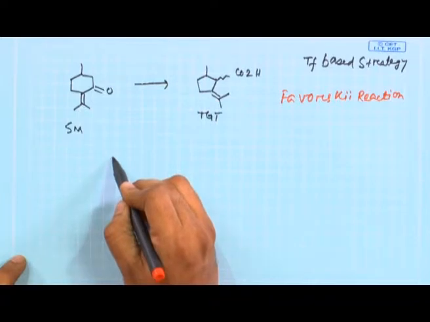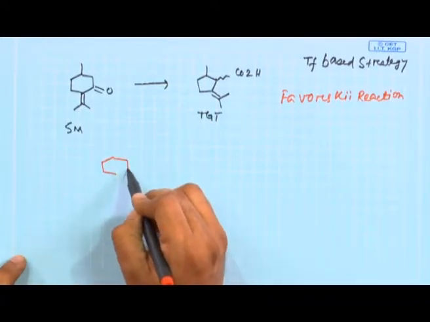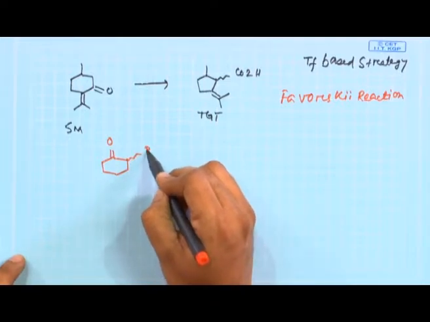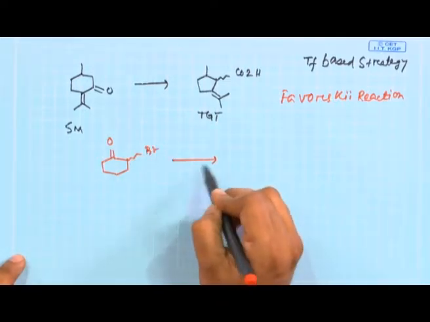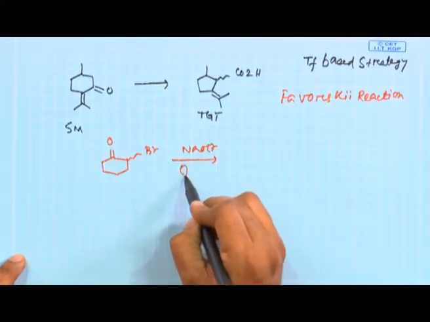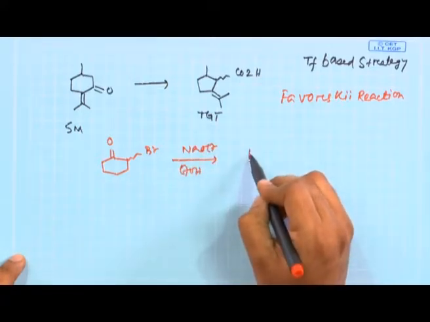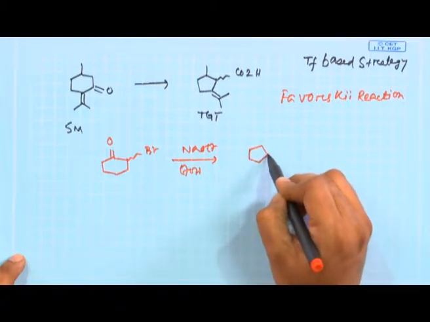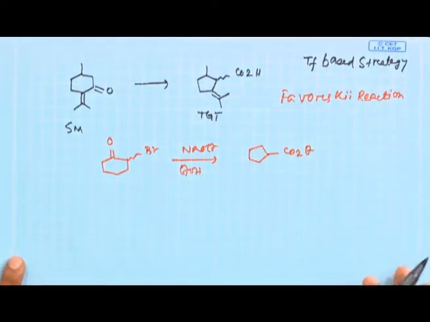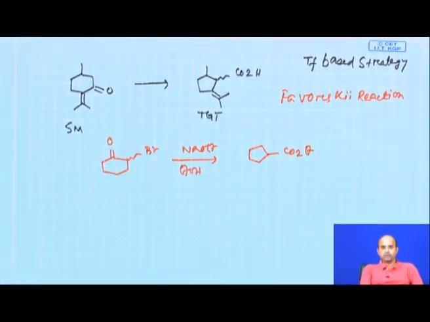In conventional Favorsky reaction, what do we do? We basically take a compound something like this, you subject it to sodium ethoxide and ethanol, then you basically get a ring contracted carboxylic acid ester. The mechanism you might be knowing.